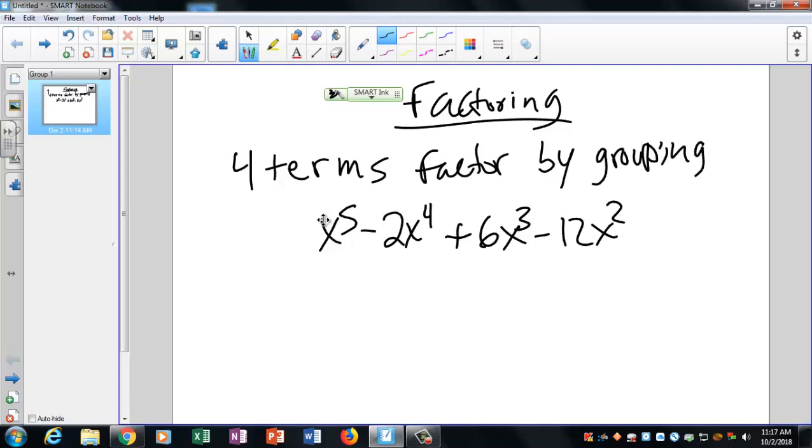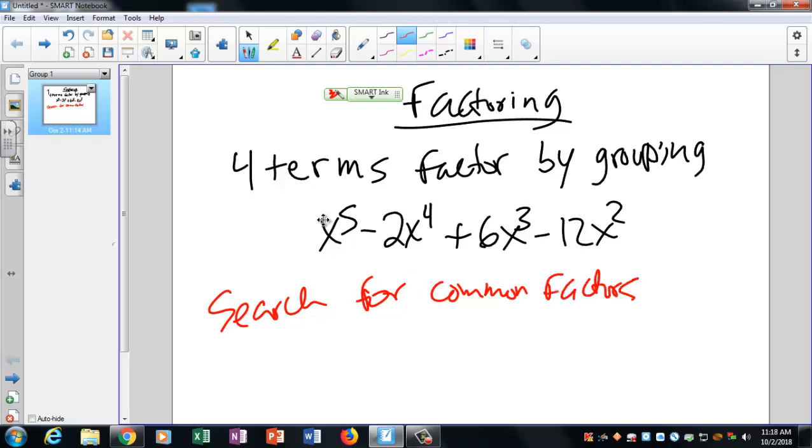You don't want to factor by grouping right now because there's something common to all of them. And the bottom line is this: you always have to search for common factors first.